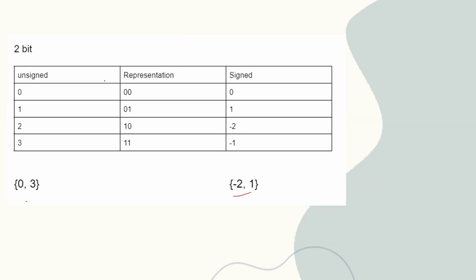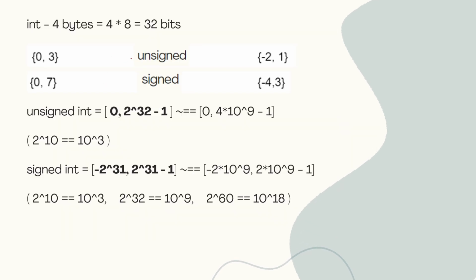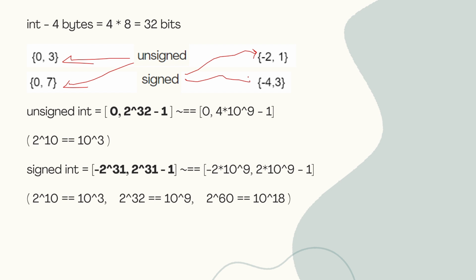I just want to tell you one thing. Basically this is unsigned and this is signed, and there is a small mistake from my side. Okay. Similarly this is unsigned and this is signed. So don't get confused here.